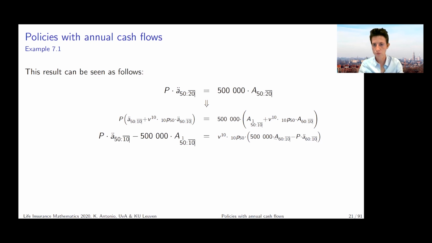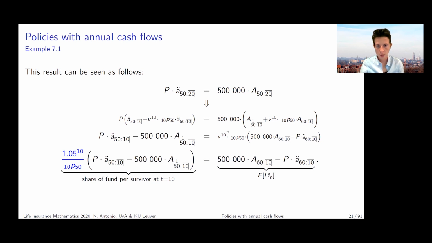And then on the other side of my equation, I've got what's going to happen in the future: the 10-year remaining endowment insurance issued to a 60-year-old, and another 10 years of premiums that will be paid at the beginning of each year, right? So I'm just rearranging the expression, and I reach the following equivalence, right?